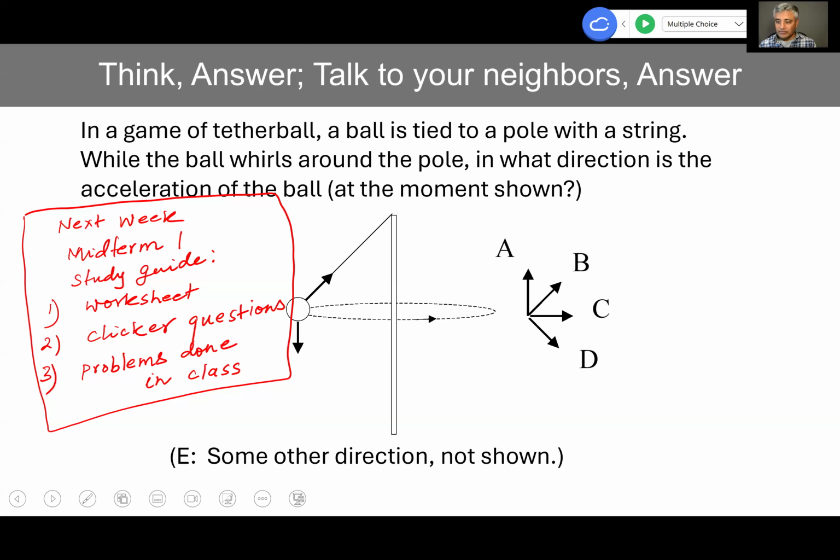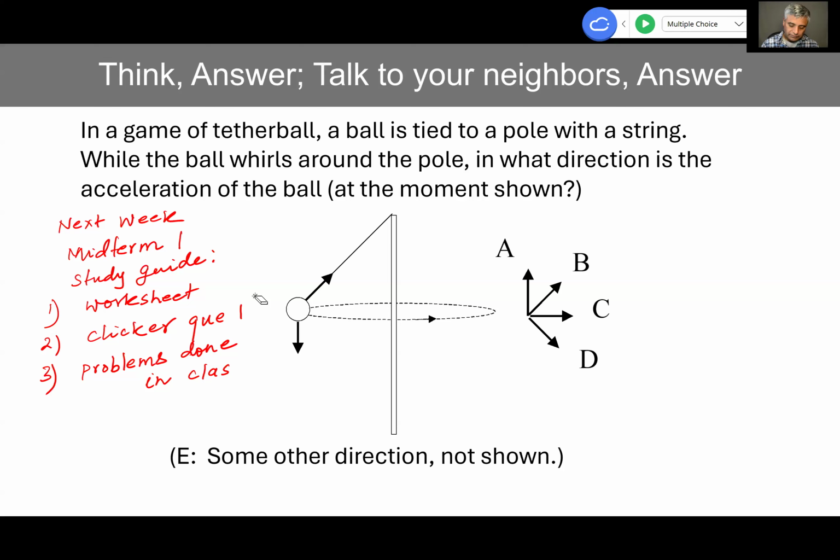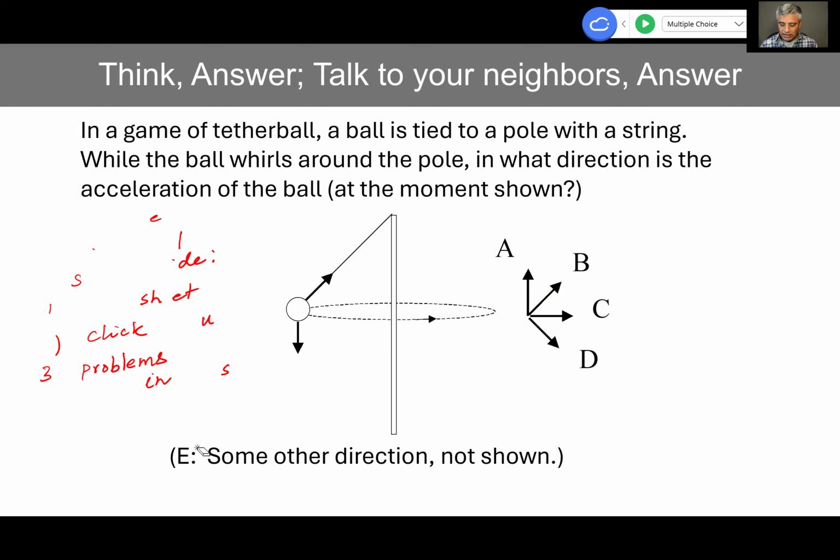So for now, I'd like to move on. And I brought this question here. In this case, this object is here and it's moving in this circle.